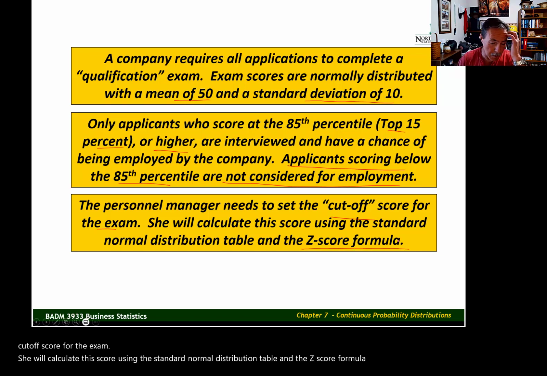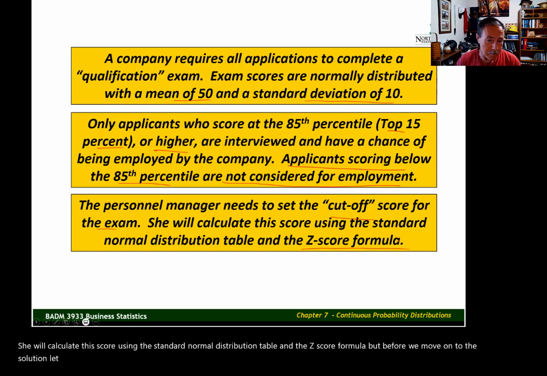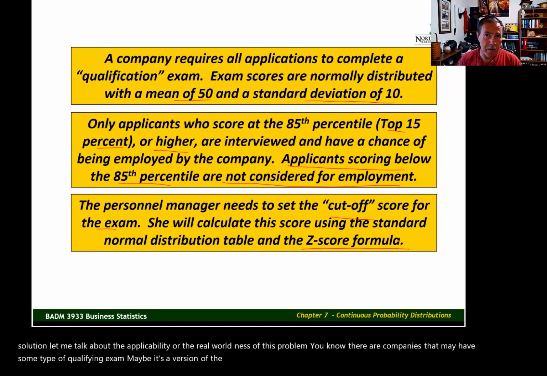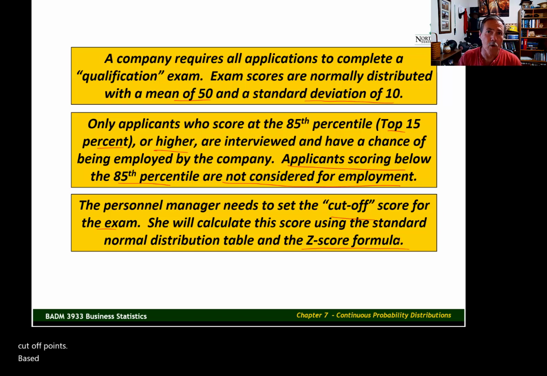But before we move on to the solution, let me talk about the real-world applicability of this problem. There are companies that may have some type of qualifying exam, maybe a version of the Wonderlic exam that applicants have to take, and they may have cutoff points based upon performance on that exam.